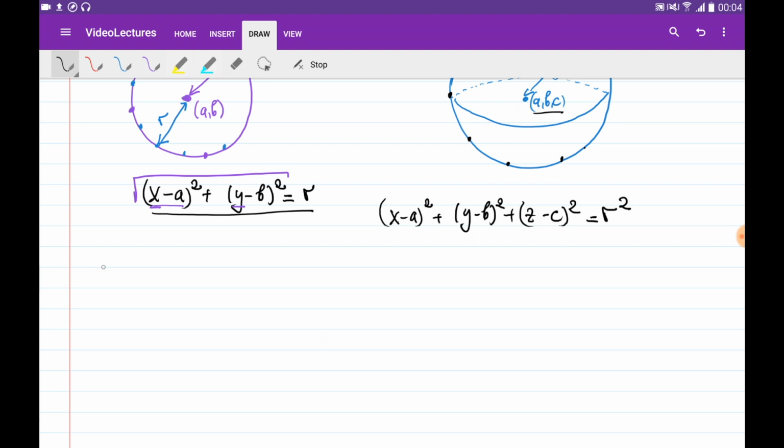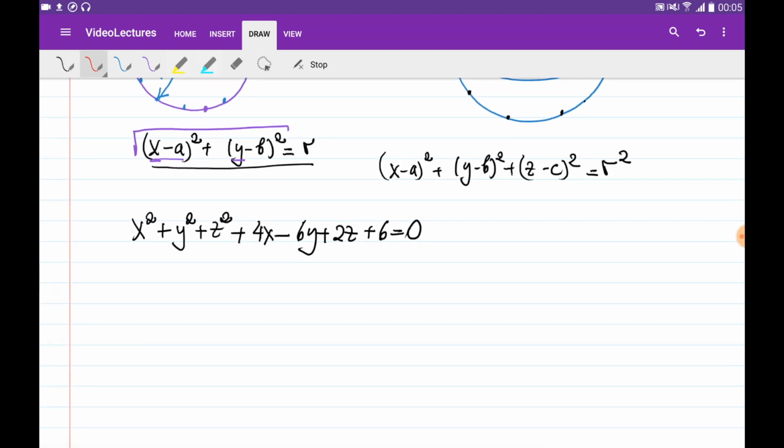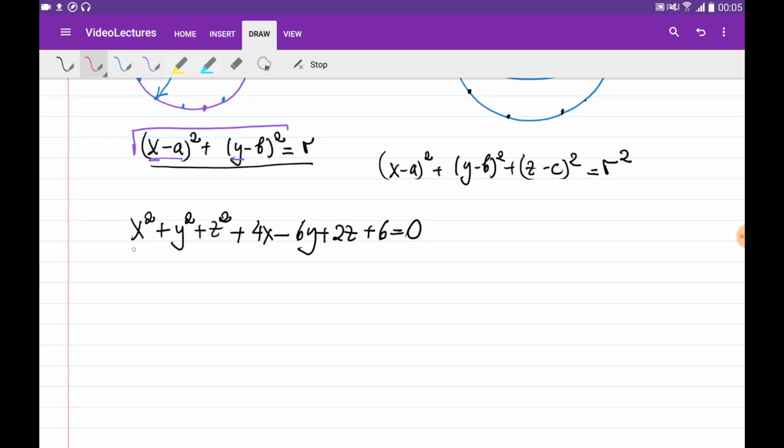So let's say we're given the equation of some surface in 3D. It is x squared plus y squared plus z squared plus 4x minus 6y plus 2z plus 6 is equal to 0. So we need to show that this is a sphere. In order to do this, we would like to write the terms with x squared and 4x in terms of a complete square, right?